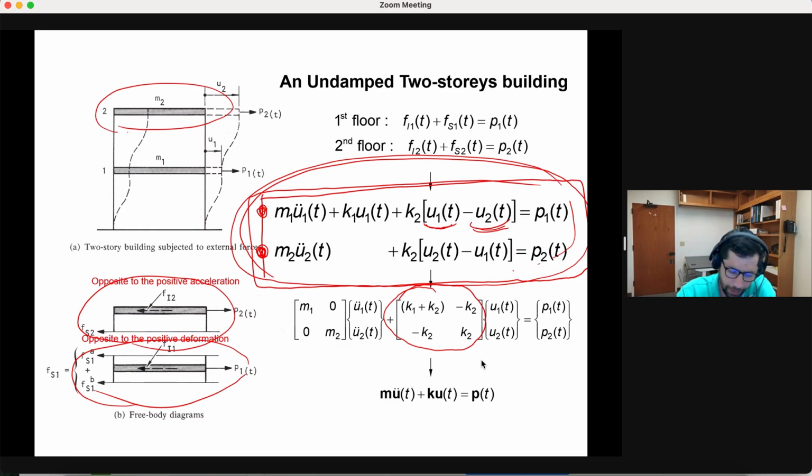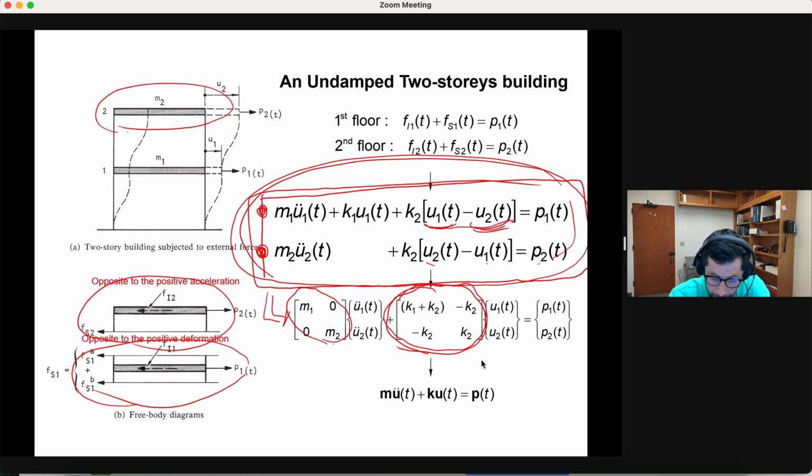They can be rearranged in a different format, where now I have a mass matrix and a stiffness matrix. The mass matrix will be diagonal. The stiffness matrix is offering coupling to this system of equations, meaning for equation 1, I will have both variables.